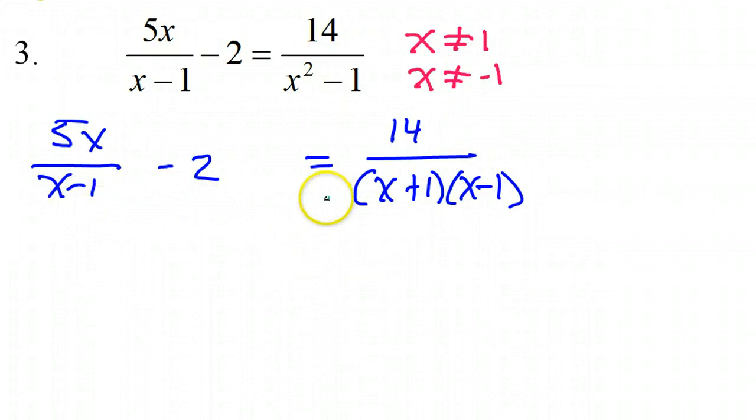Okay? Now, we need to multiply by the factors that are in the denominator. So looking right here, I have x plus 1 and x minus 1. So that is what I need to multiply by. So I need to multiply every term by x plus 1, x minus 1.